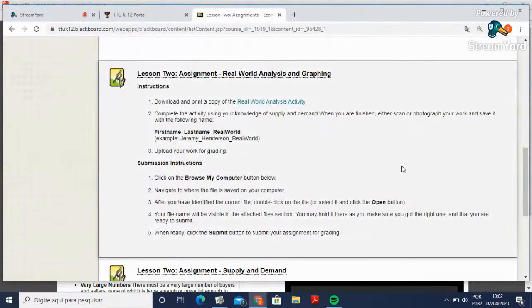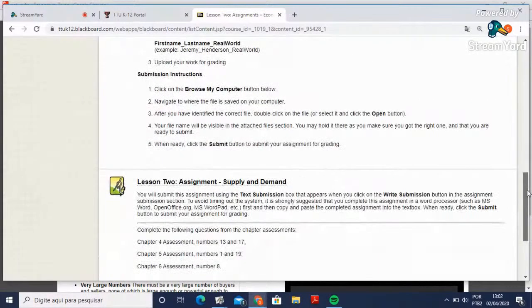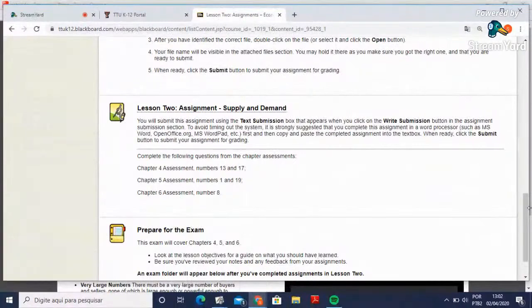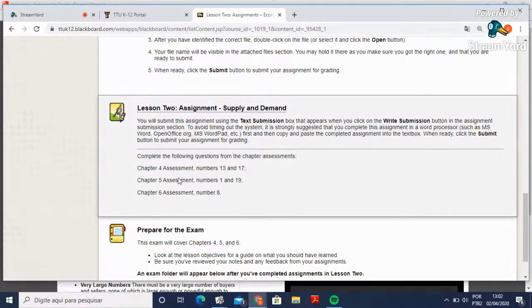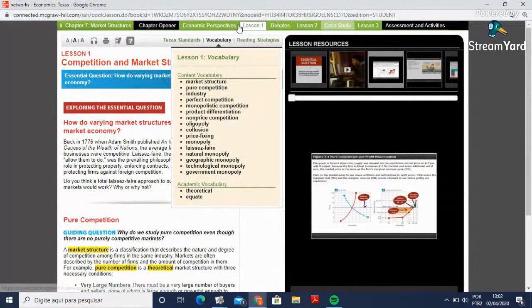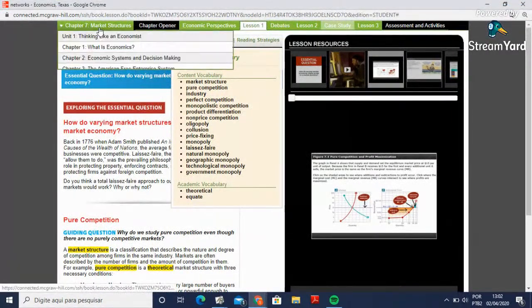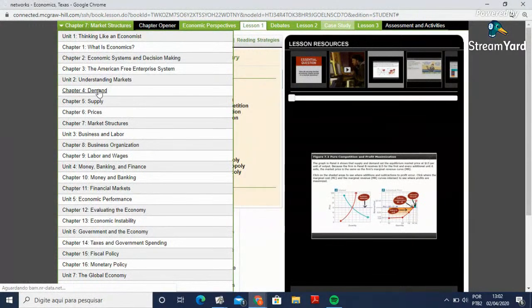After this, you have one more assignment. What are you going to do in this assignment? You're going to go to Chapter 4 Assessments, number 13 and 17. You will answer these. They are questions. Chapter 4 Assessments. Let's go here. Let me see if I still have my book. Let's go to Chapter 4.